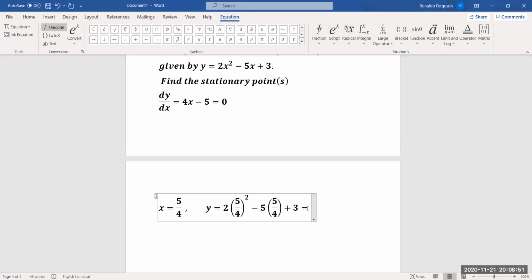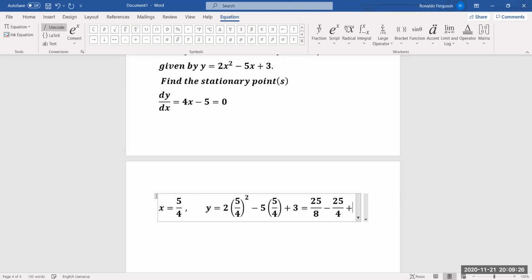So the first one works out to be 25 over 8. And negative 25 over 4, plus 3.